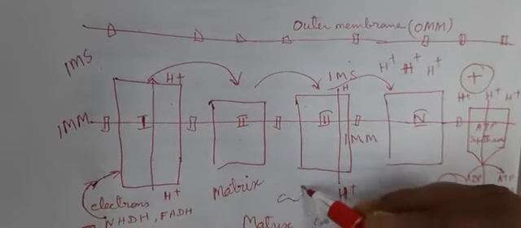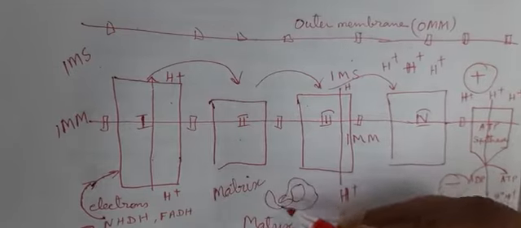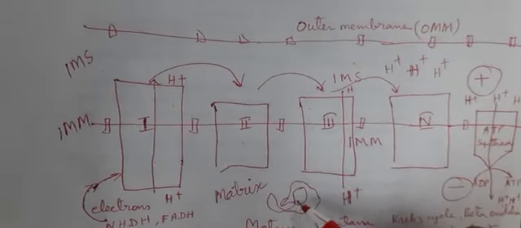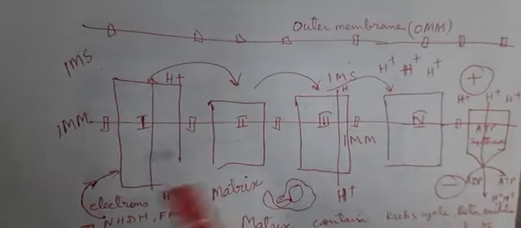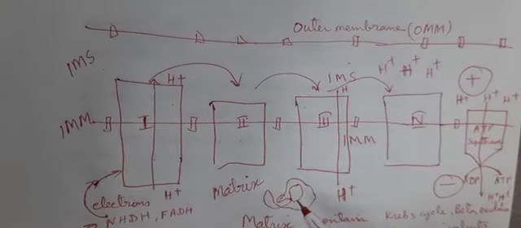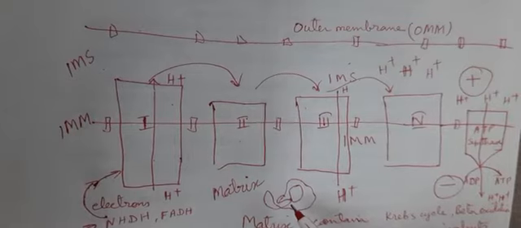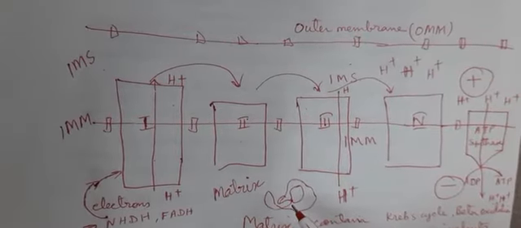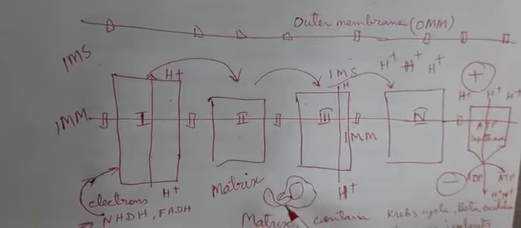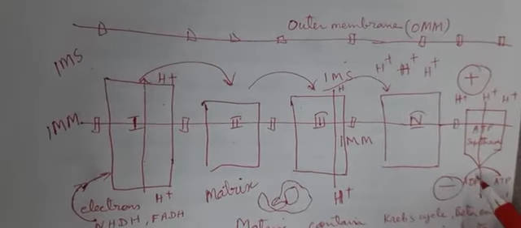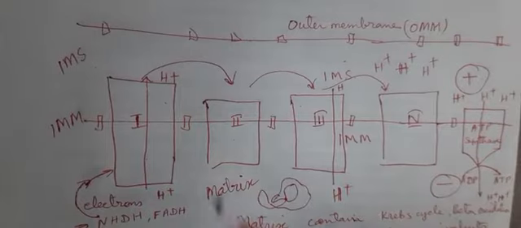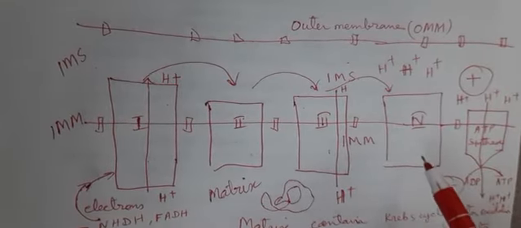Means in the mitochondria the DNA is also there, and this mitochondrial DNA synthesizes the proteins which are involved in the electron transport carriers. So the mitochondria plays an important role in oxidative phosphorylation as well as in the electron transport chain.